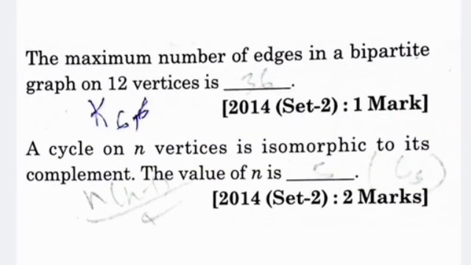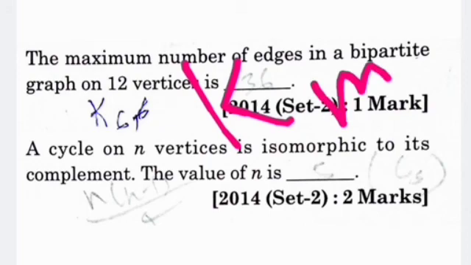The maximum number of edges in a bipartite graph on 12 vertices is what? So here is the solution of this question. In the case of a bipartite graph, it is represented like K M,N, where M represents one set and N represents another set.